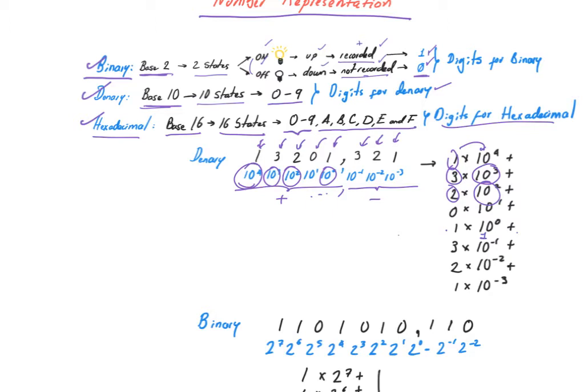So 3 here means 3 times 10 to the power of minus 1, which would be 3 times 1/10, right? So that's 0.3. So as we can see, the denary numeric system uses powers of 10, because we have 10 states.